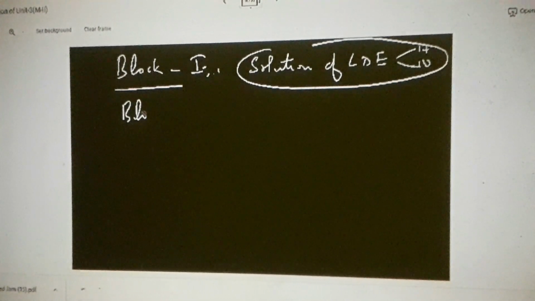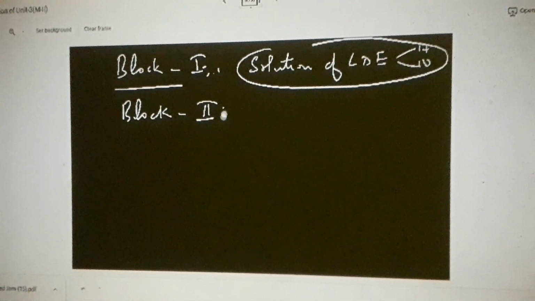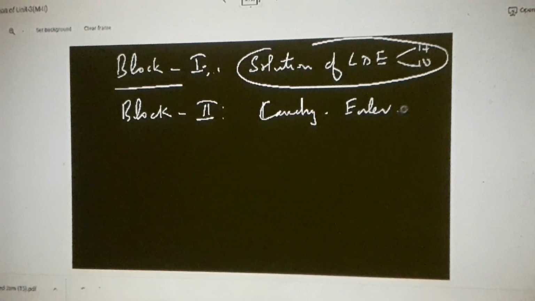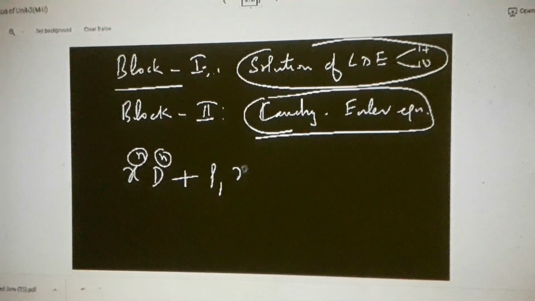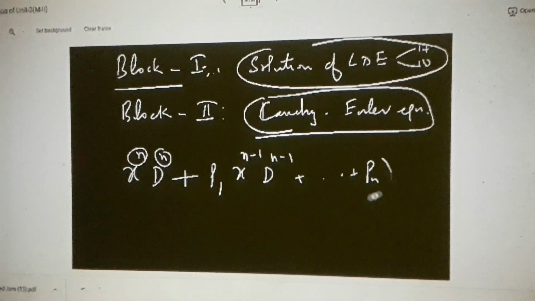And in block 2 we have the Cauchy-Euler equation. This Cauchy-Euler equation is such that you will have x power n, D power n, this power will be same, plus some constant into x power n minus 1, D power n minus 1, like that. So Pn of D into y is equal to some Q of x.